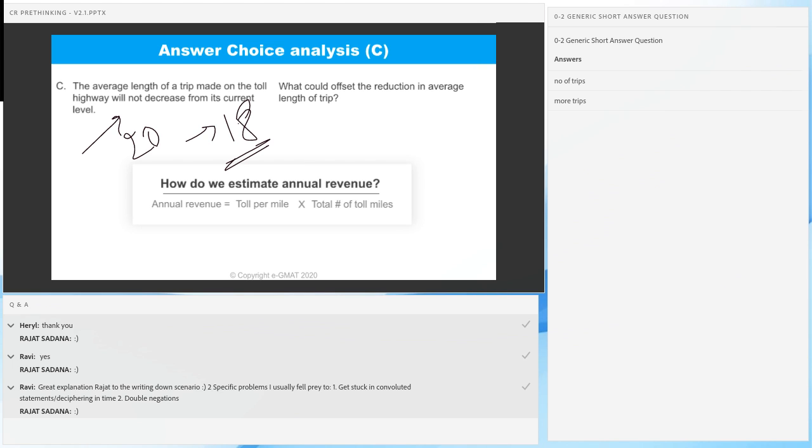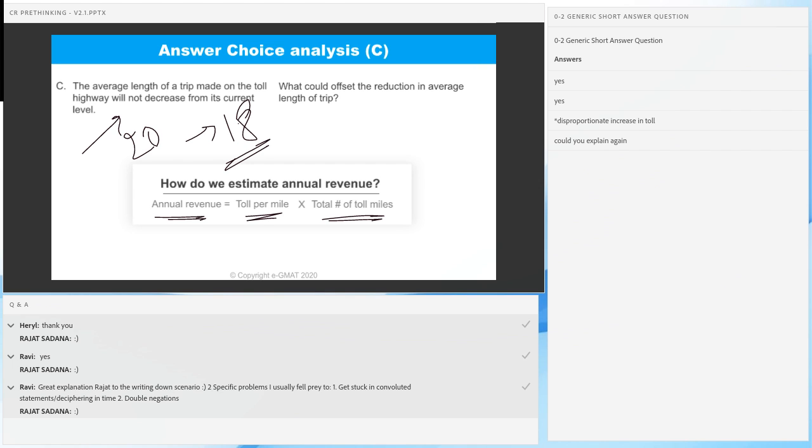People who chose choice C, is that clear? What's not clear? You say unclear. Can I explain again? Okay. What's your revenue is written there. Annual revenue is toll per mile into the total number of toll miles.